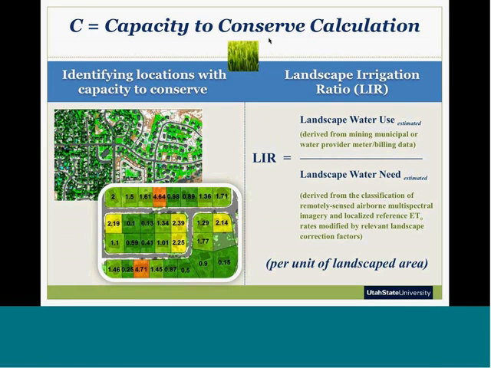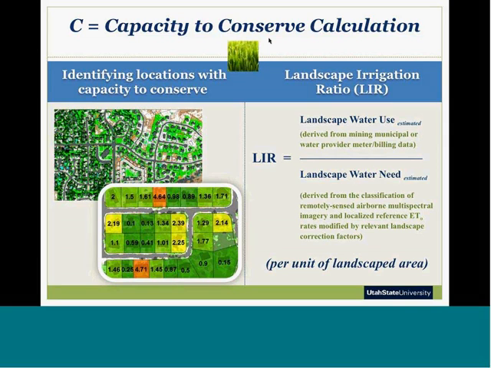Our capacity to conserve calculation is a landscape irrigation ratio, which basically takes the landscape water use as we estimate it from billing data, and then landscape water need and our estimates of what that landscape needs, depending upon the type of plant material that is identified through the aerial imagery.